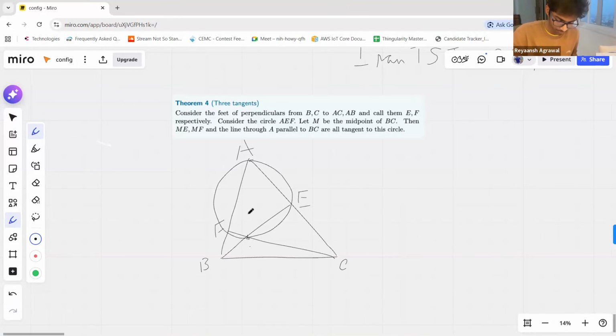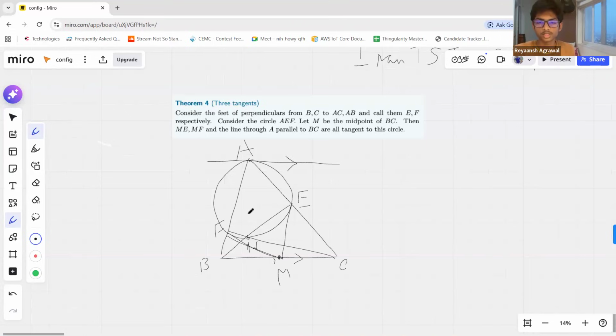Note that since AFH is equal to 90 and AEH is equal to 90, we'd get that the orthocenter also lies on this circle. What the theorem says is that if M is the midpoint of BC, then ME is tangent to the circle, so is MF, and also the line through A that is parallel to BC is also tangent to the circle.